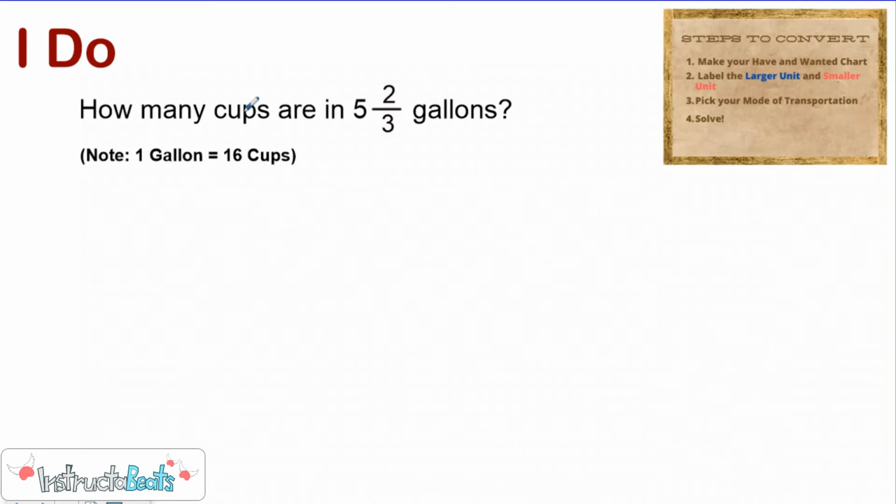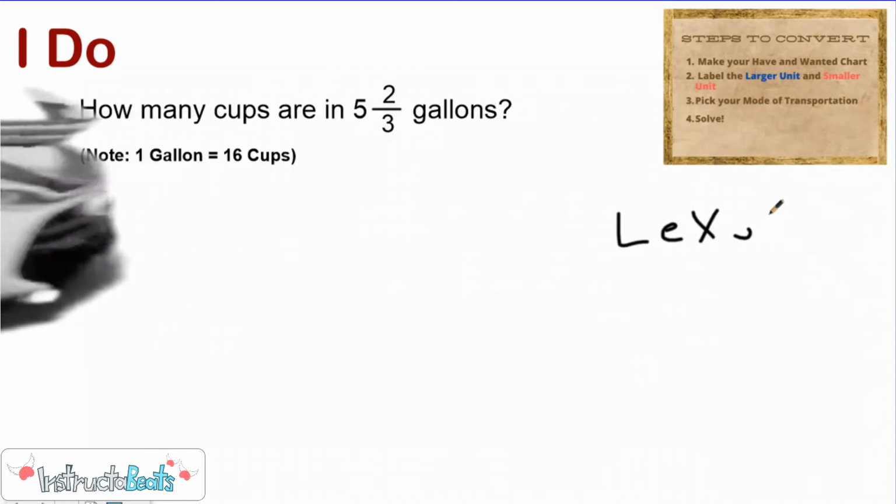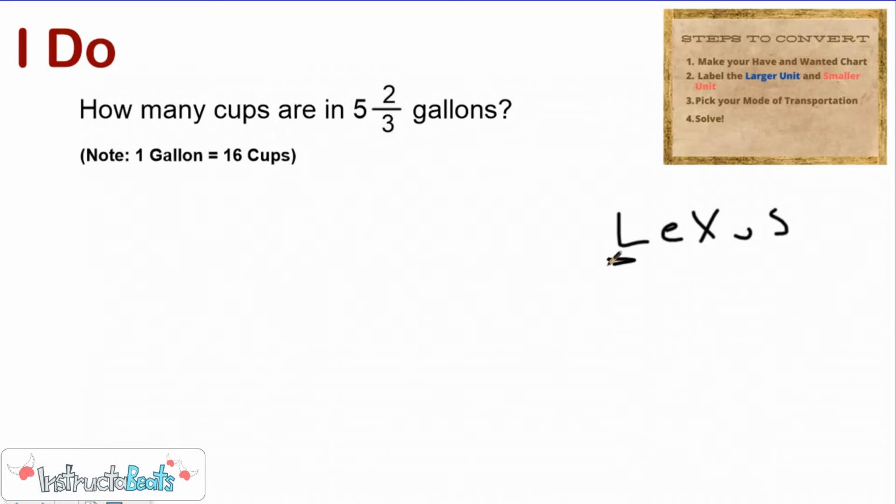All right, before we get started with the I do problem, what does it mean by pick your mode of transportation? So if you're new to us and you haven't seen a lesson before or checked out our awesome converting customary unit song, a quick rundown. We are either going to be taking the Lexus, which means we're trying to go from a larger unit to a smaller unit, and then we're going to multiply, or we're going to be picking our saddle, which is when we go from a smaller unit to a larger unit, and we are going to be dividing in that case.